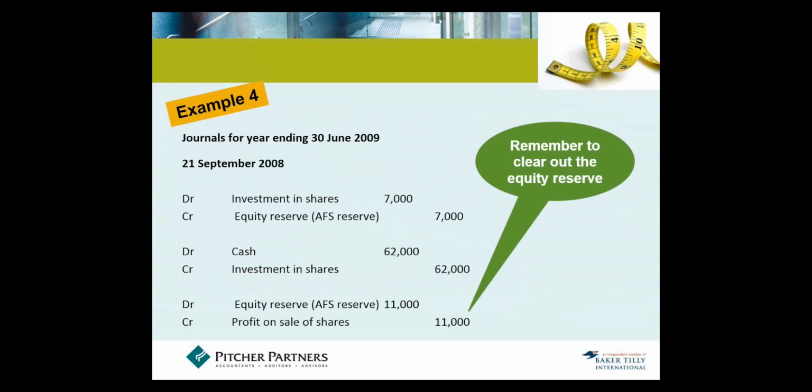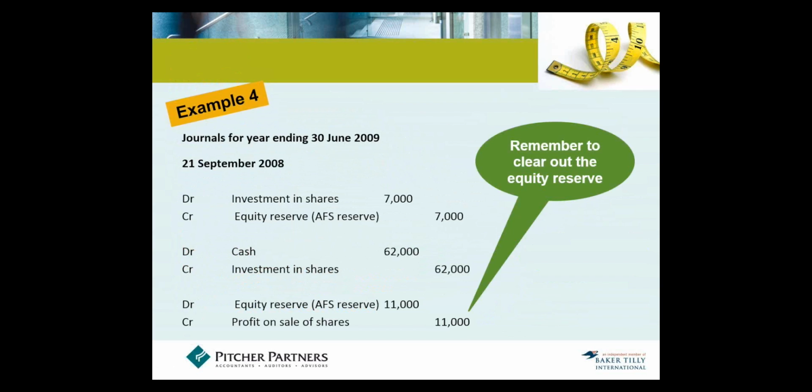We credit the reserve with $7,000. We then get rid of these shares, so we credit investment in shares with $62, and we debit cash, the cash proceeds, and now we've got a problem. We no longer have the shares, but in our statement of changes in equity, we're sitting with an equity reserve of $11,000, and this $11,000 can now be transferred to profit and loss.